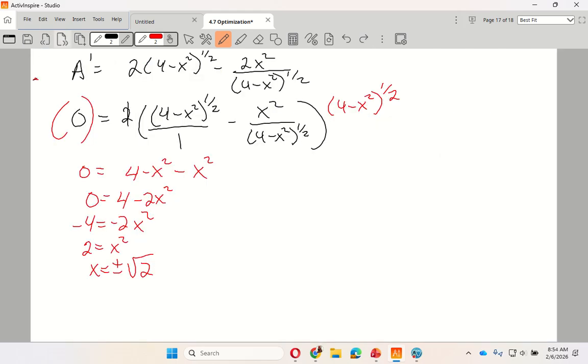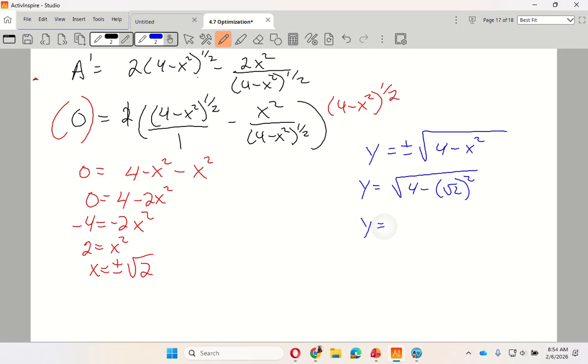So y equals, in this case I'm going to ignore the negative, the square root of 4 minus rad 2 squared. So y equals, what's that going to give me? Rad 2. 4 minus 2 is 2, so rad 2.